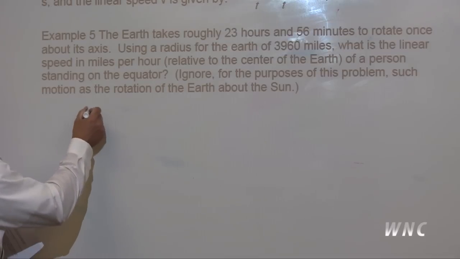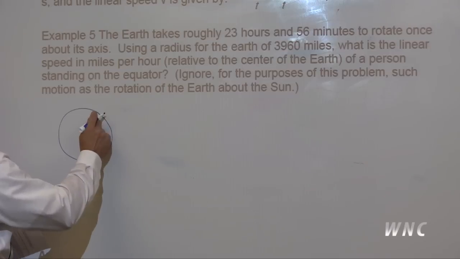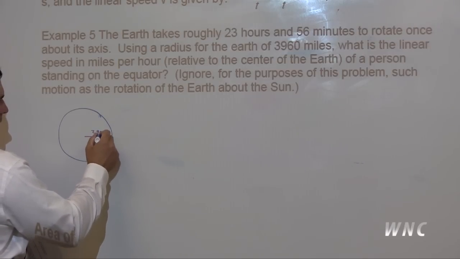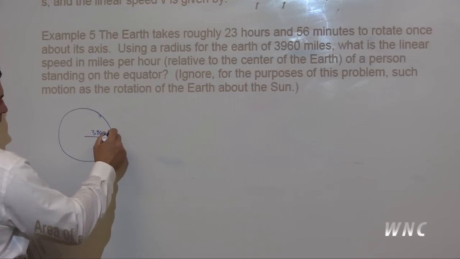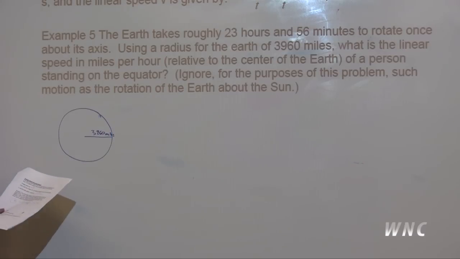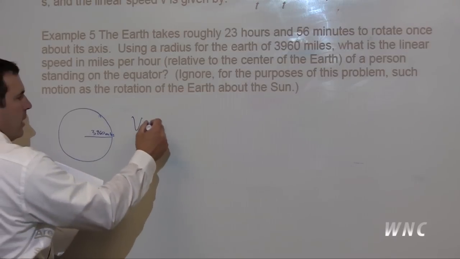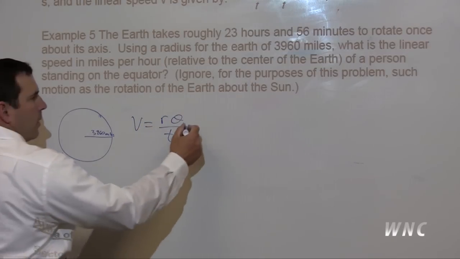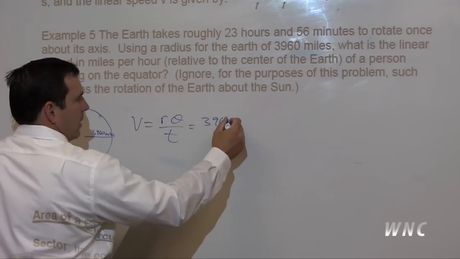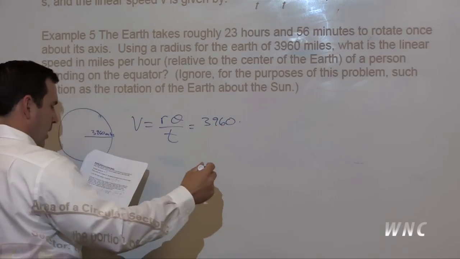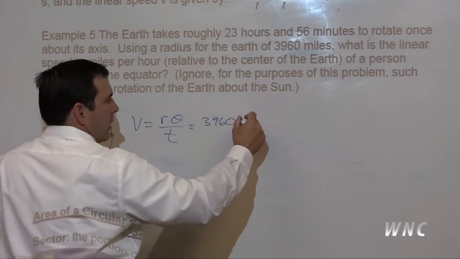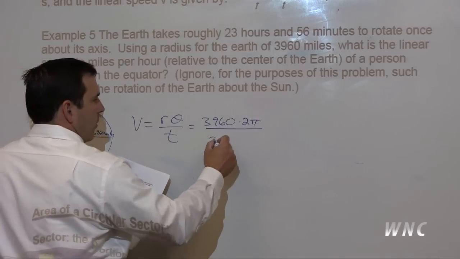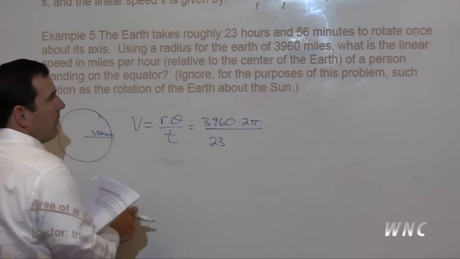So again, here's our look at the Earth, the equator. Here's our radius of 3,960 miles. So our velocity is r theta over t. The radius is 3,960 times our theta. It's a full rotation, 2 pi, divided by 23 hours and 56 minutes.